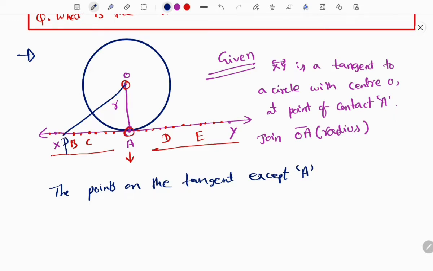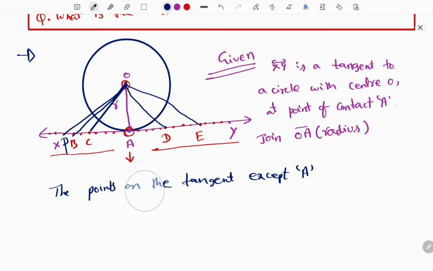Suppose I join OB or OD. OD is more than OA. OC is more than OA. OB is more than OA. OD is more than OA, and OE is more than OA.